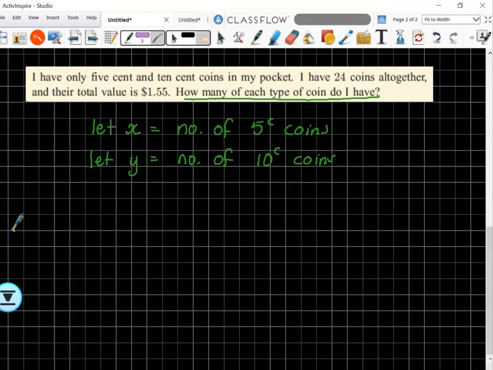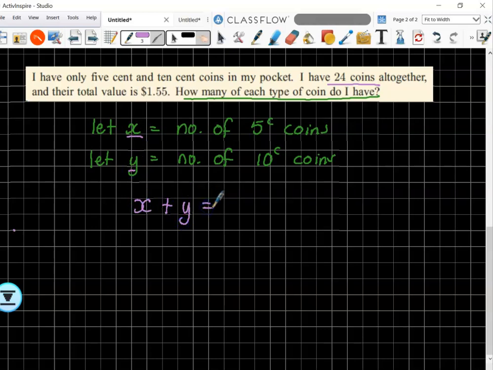Let's deal first with there are 24 coins in total. So if X is the number of 5 cent coins and Y is the number of 10 cent coins, how does that help me get? Yeah, so X plus Y has to equal 24. Are we happy with that?